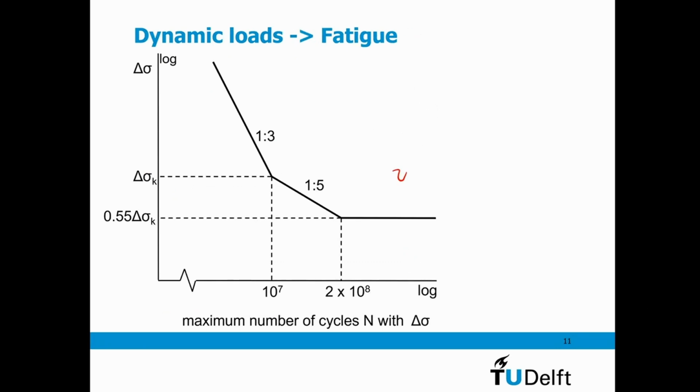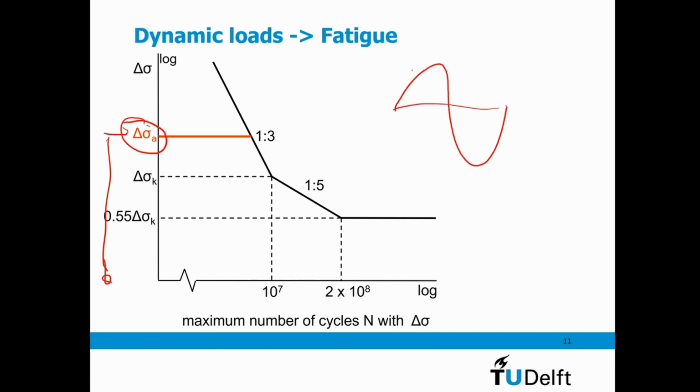Okay, how does this work? Because this is based on a static stress level, but if you want to use all kinds of different stresses, how does this work? Basically, if I have a certain stress level, so in this case that is delta of the amplitude. By the way, be aware some standards use the amplitude of the stress, so that is this, while other standards use the total stress variation or a combination of that.